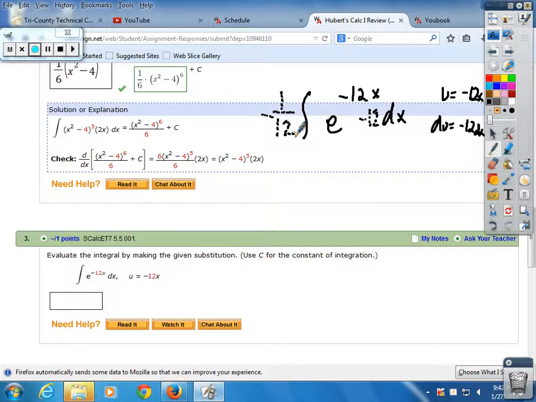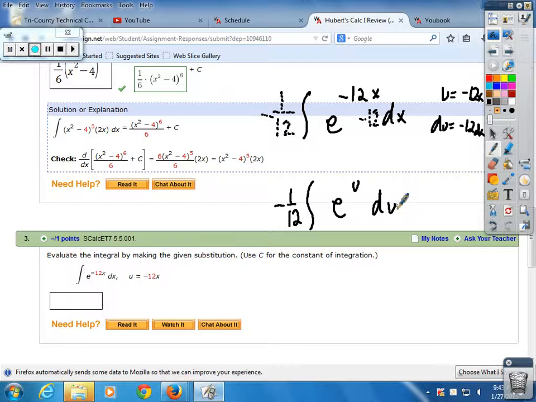So what do we have? We have negative 1/12 of the antiderivative of e to the what? What is this in relation to this? u is equal to what? Negative 12x. So that's e to the u du.